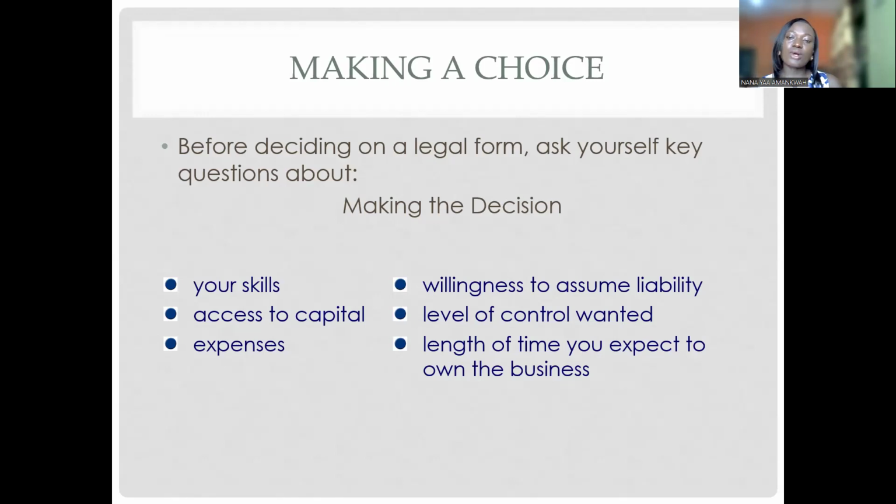Again, access to capital. Do you have capital to start whatever you want to do? The expenses, willingness to assume liability, and level of control wanted. What kind of autonomy do you want in the business? It will help you to decide. The length of time you expect to own the business will also help you decide what kind of business ownership you should endeavor to go after.